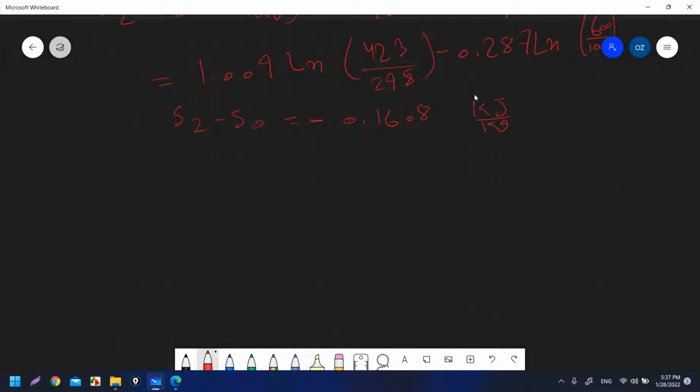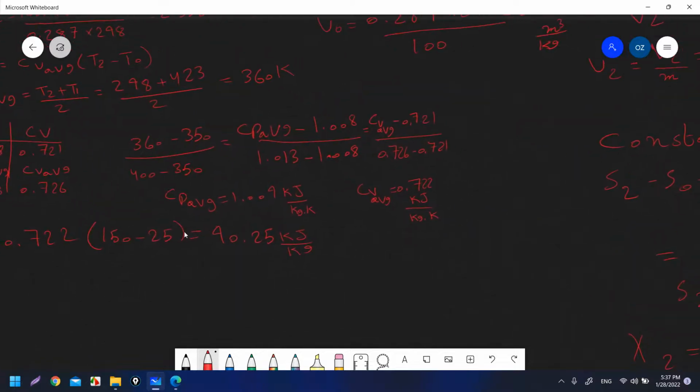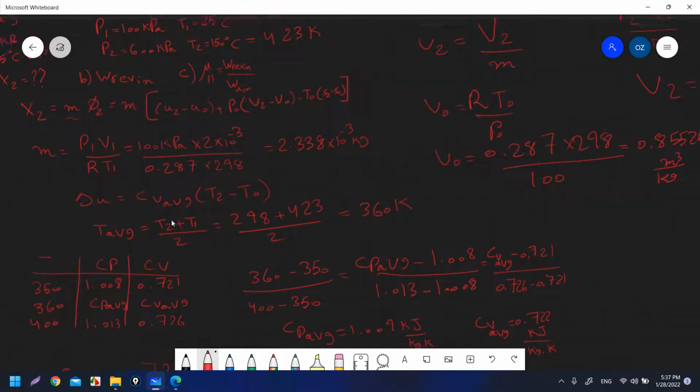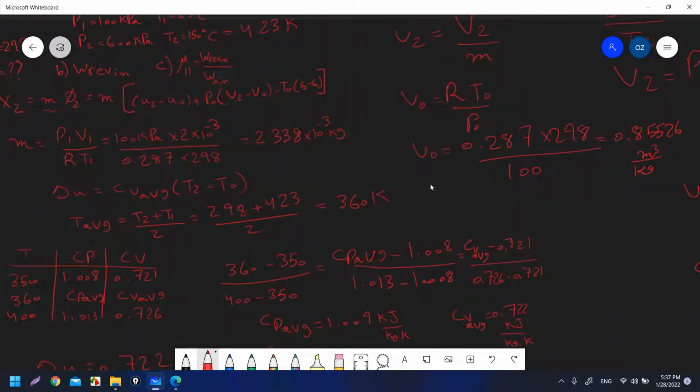So let's find X2. All of this is for X2 only. So for X2, we will use this equation. Okay, I will substitute in this equation.